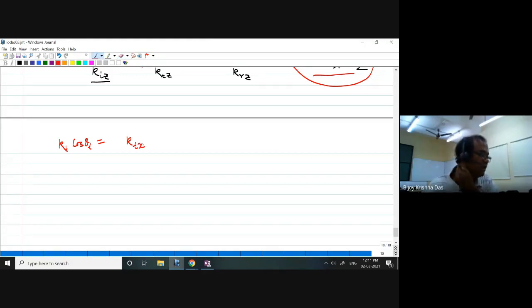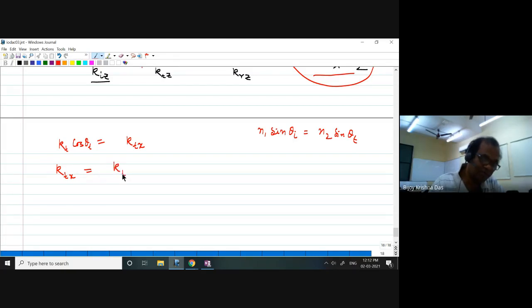Okay, that means in your vertical direction, what is the component? So if we just do a little bit here, by the fact that you have your earlier n1 sine theta i, that means Snell's law says n2 sine theta t. So I can write this ktx equal to kt cos theta t, that means kt square root of 1 minus sine square theta t, right?